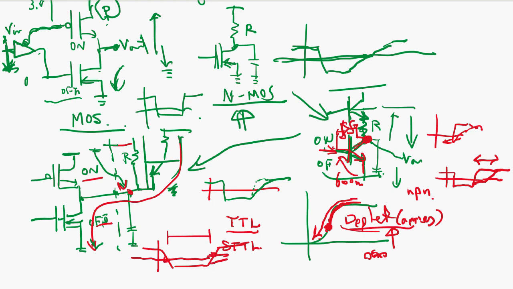If the rise time is slow like that, then there is this much more delay. Okay. So they created Schottky TTL, Schottky logic, which basically has a Schottky diode across base to collector.